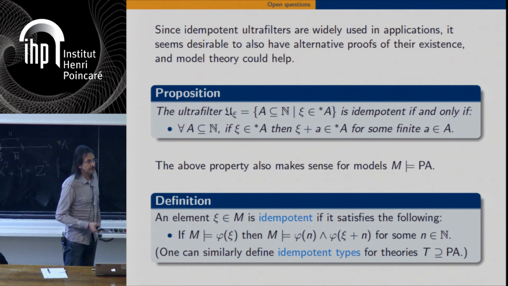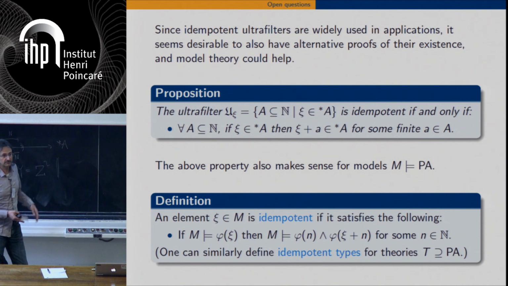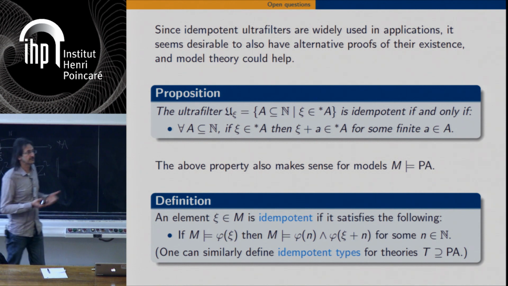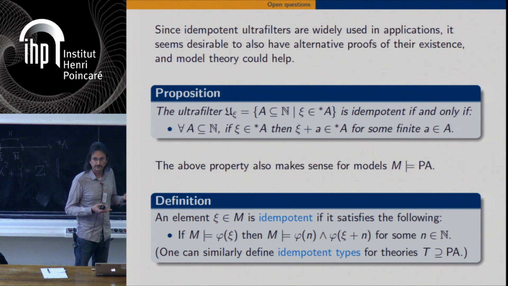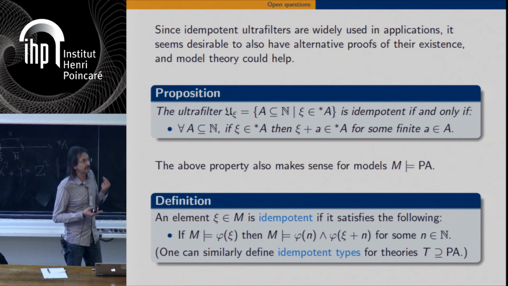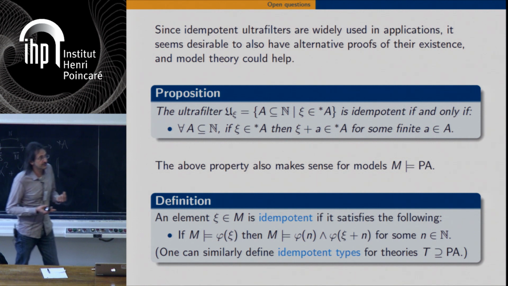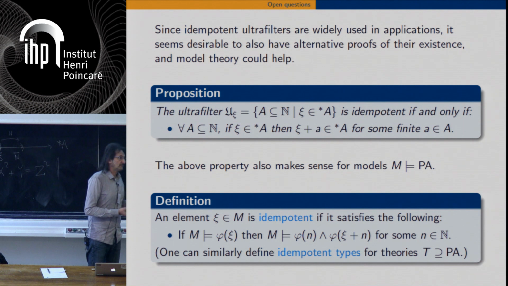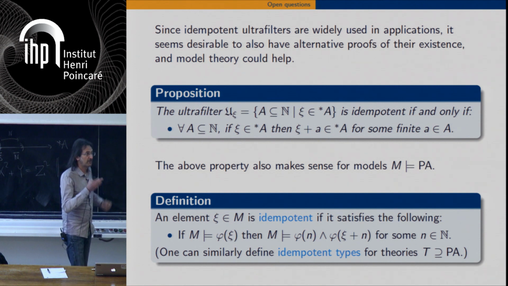Now, this notion of idempotency can be easily reformulated in more general model theoretic terms, because what we have is a point with the property that whenever a formula is satisfied by that point, then the property is also satisfied in a shift, but the shift by a number which again satisfies the same property.